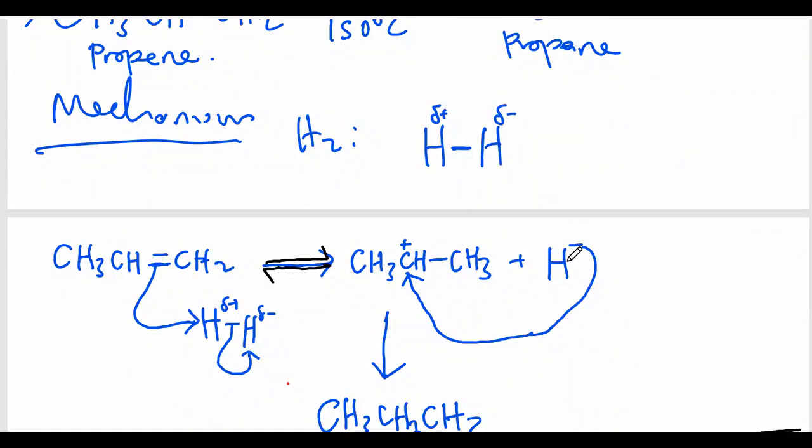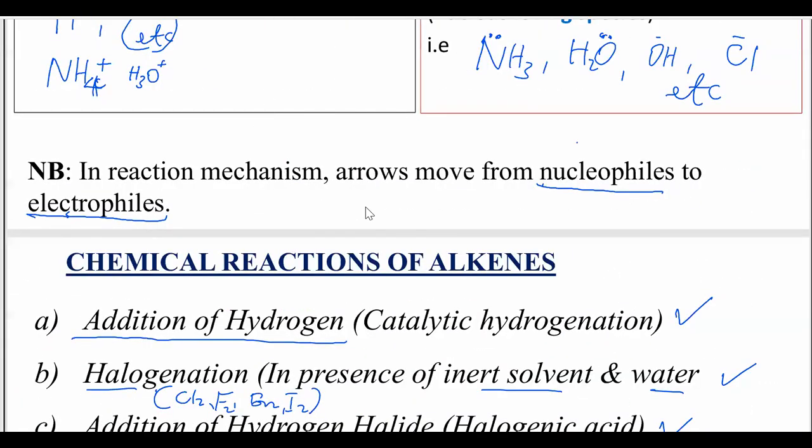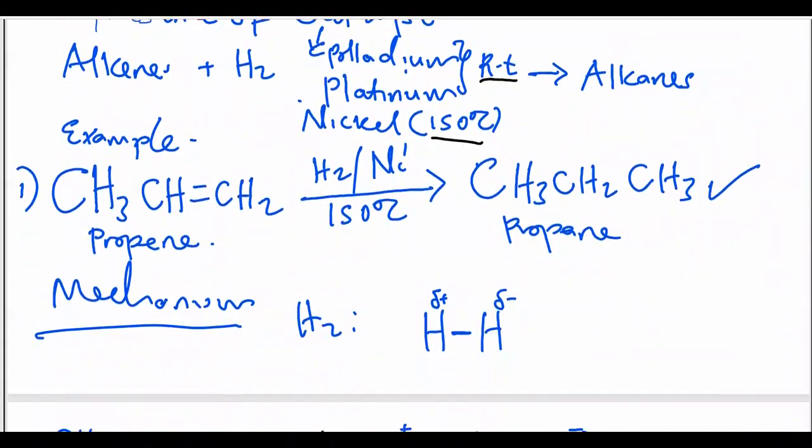It is electron rich, is going for electron deficient. So whether it is coming from up here or on the atom itself, there's no big issue there, so long as we are showing where the arrow is coming from and where it is going. You recall it was our NB here where we said that in the reaction mechanism, arrows should move from a nucleophile, electron rich, to electrophile, which is electron deficient. Are we clear there?